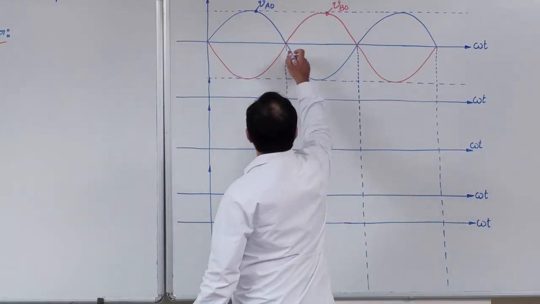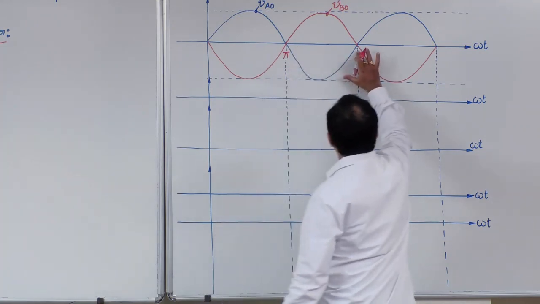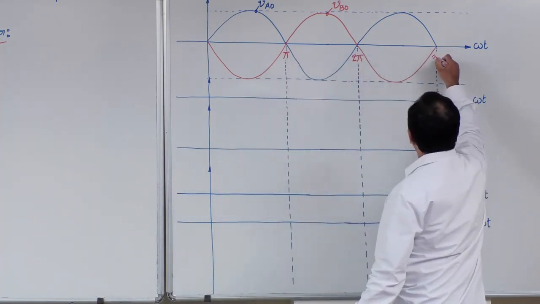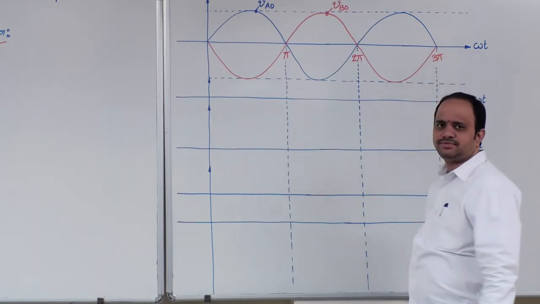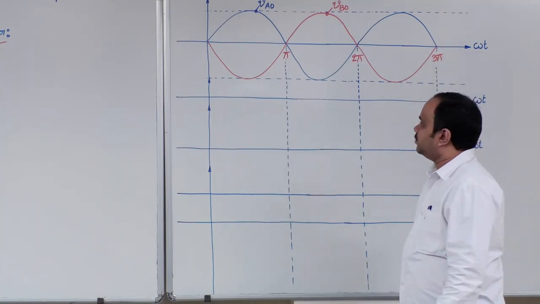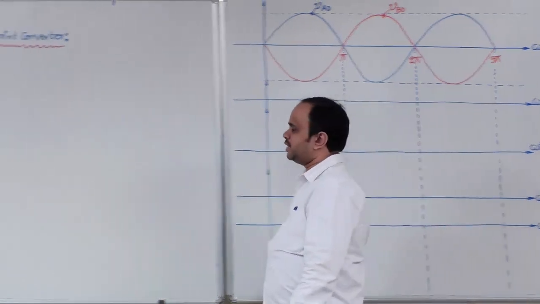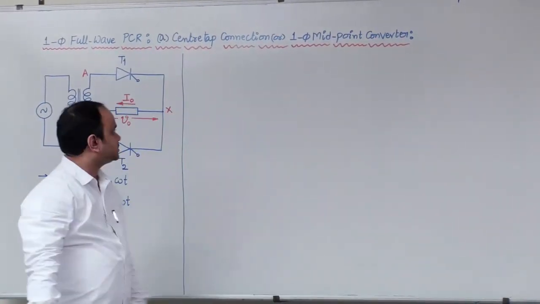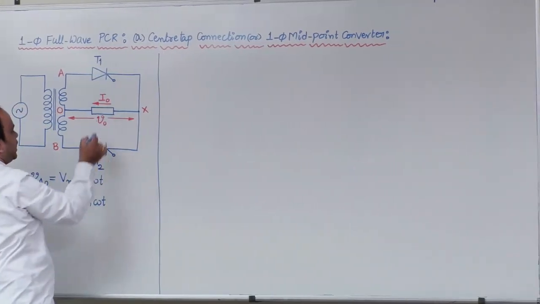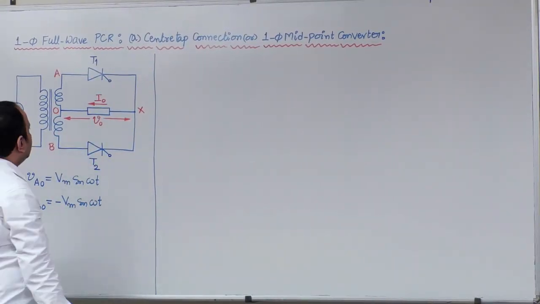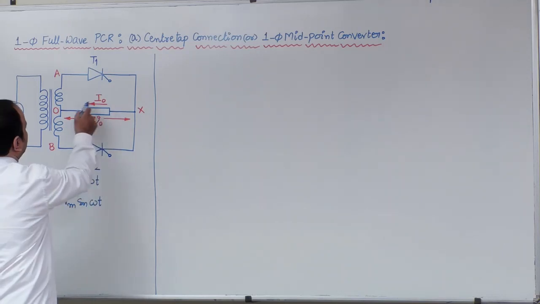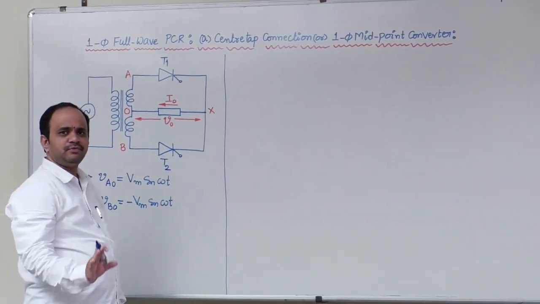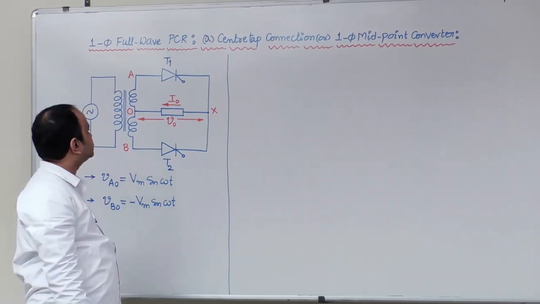So this is pi, this is 2 pi, and here it is 3 pi. Now let us look into the circuit diagram. In this particular circuit, there are two SCRs named T1 and T2. Now observe carefully, here the load is represented differently compared with the half wave rectifier circuits.